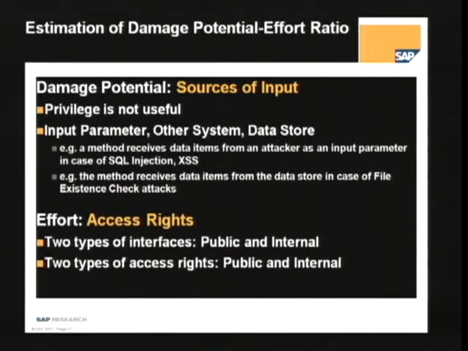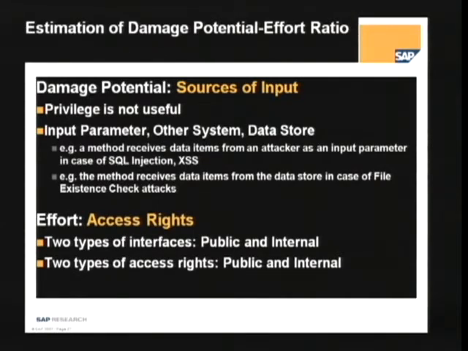The same thing applies to other attacks, like a method receives data items from the data store in case of file existence check attacks, right? The attacker wants to know, does this exist or not? So in this case, the method needs to invoke or receive data items from the data store. In order to compute the effort, we look at the access rights related to the methods.